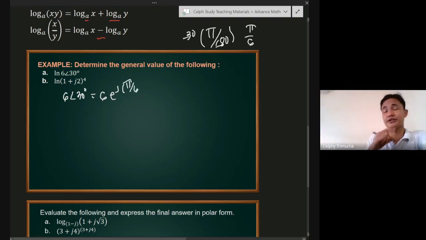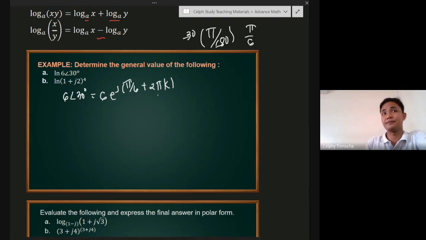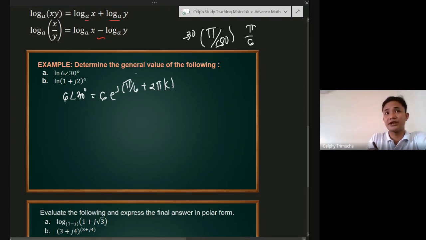Represent lang siya by pi over 6, but okay man siya kung ma-decimal ka man nga answer. So dapat plus 2 pi k, unless lang kung ang ginapangita sa imo will be the principal value. So kung wala siya nakabutang principal value, so general value dapat may 2 pi k.